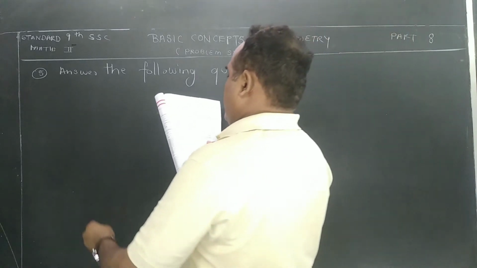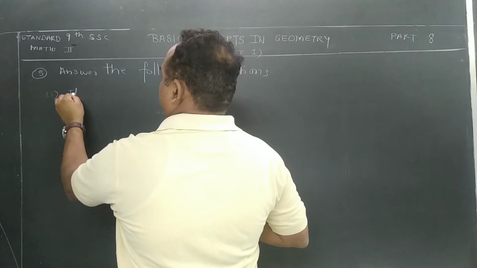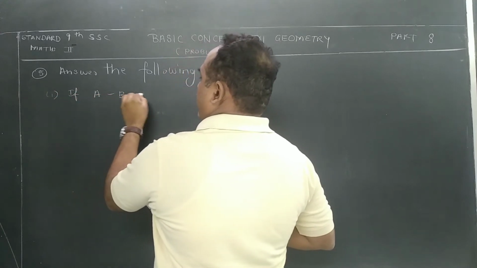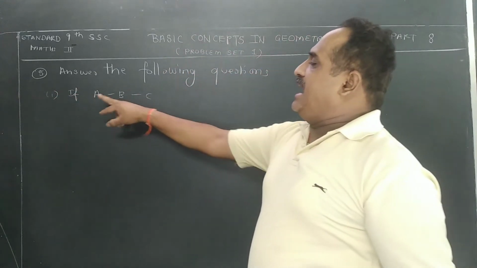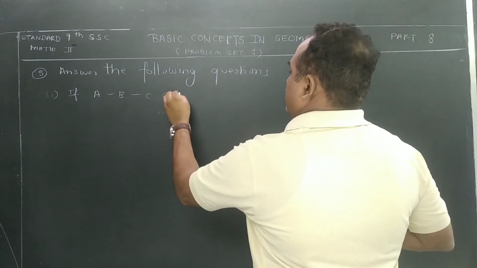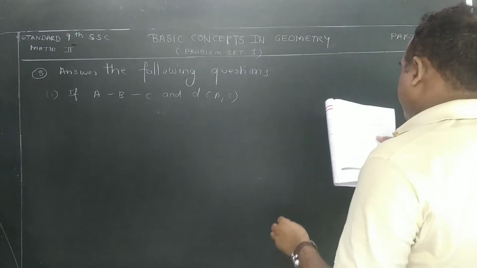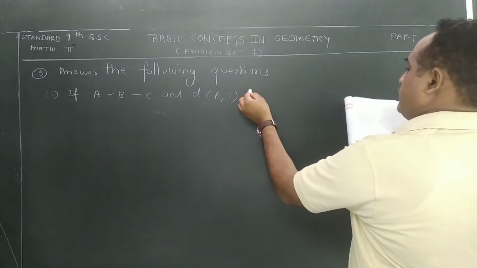In that, the first question is: B lies between A and C, and distance AC is 17 units.